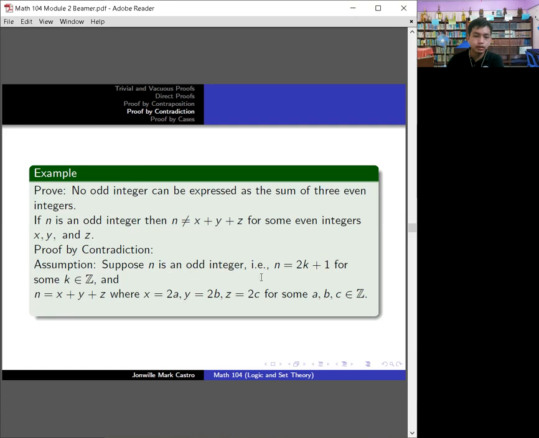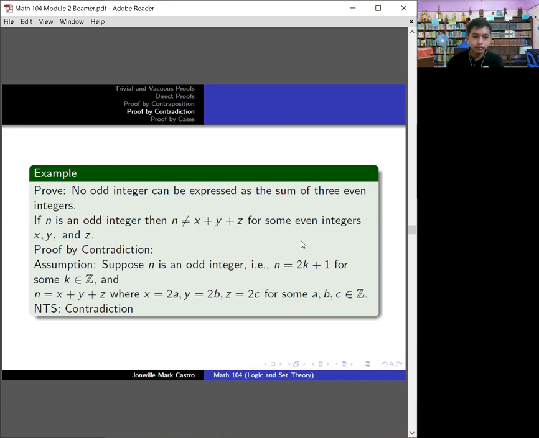So n is an odd integer implies that n equals 2k plus 1 for some k in z. And negation ng conclusion, negation ng then statement, n is equal to x plus y plus z, where x, y, and z are even integers. So x equals 2a, y equals 2b, z equals 2c. Dahil nga even integers sila. So need to show contradiction.